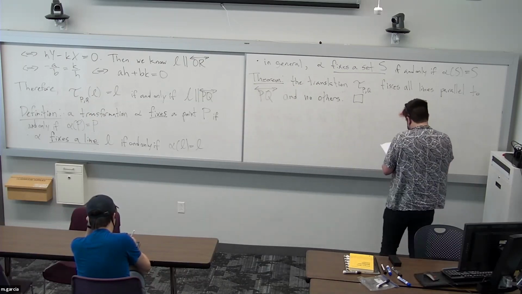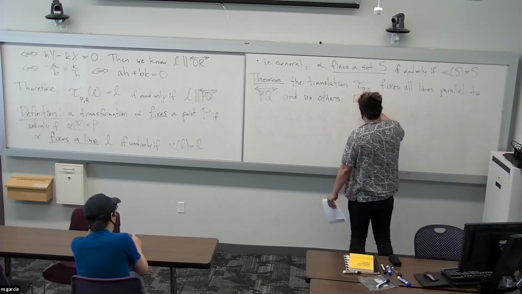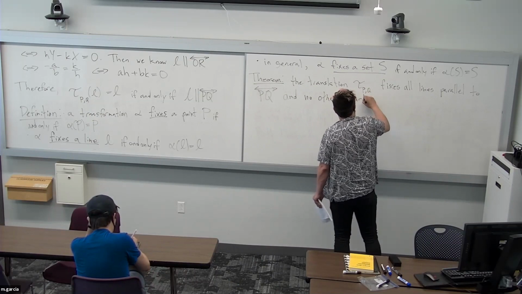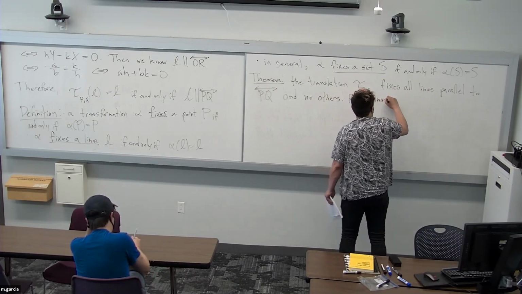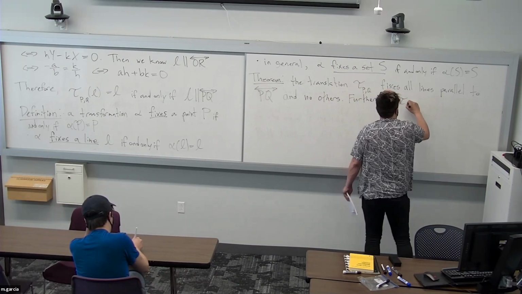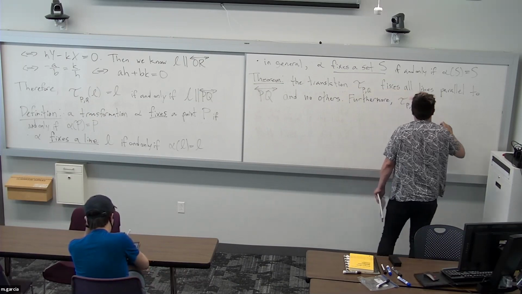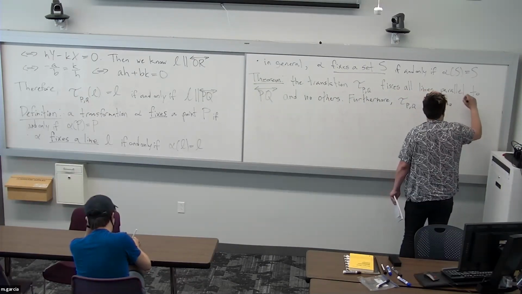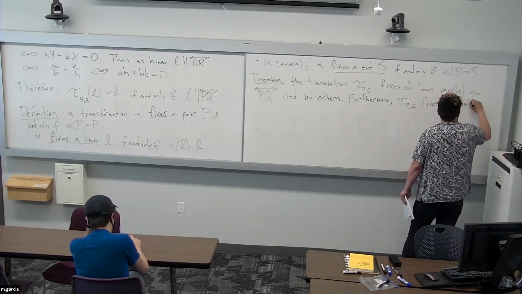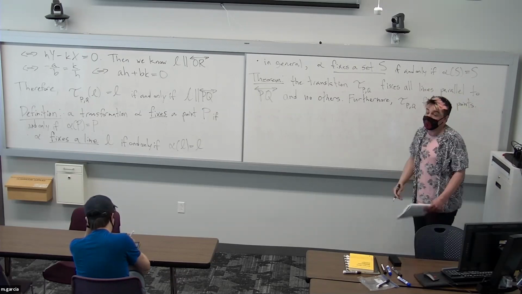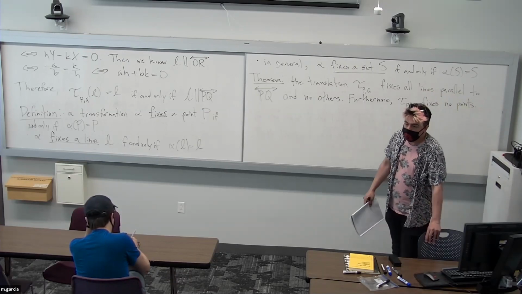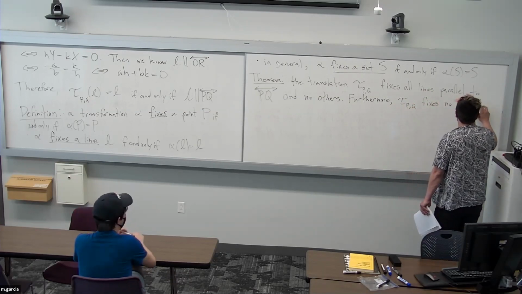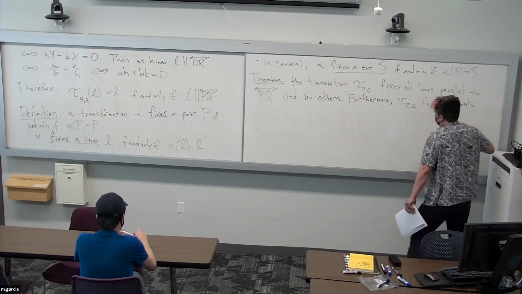Furthermore, I shouldn't have put that box yet. Furthermore, tau sub p comma q fixes no points, unless it's the identity.